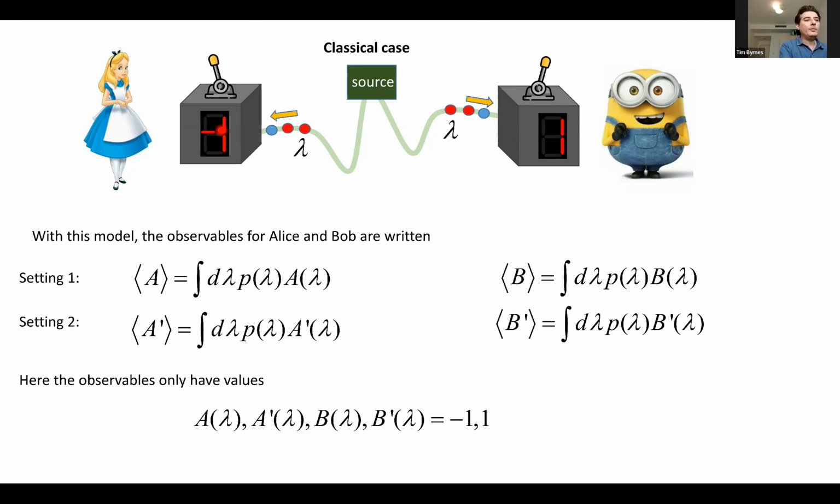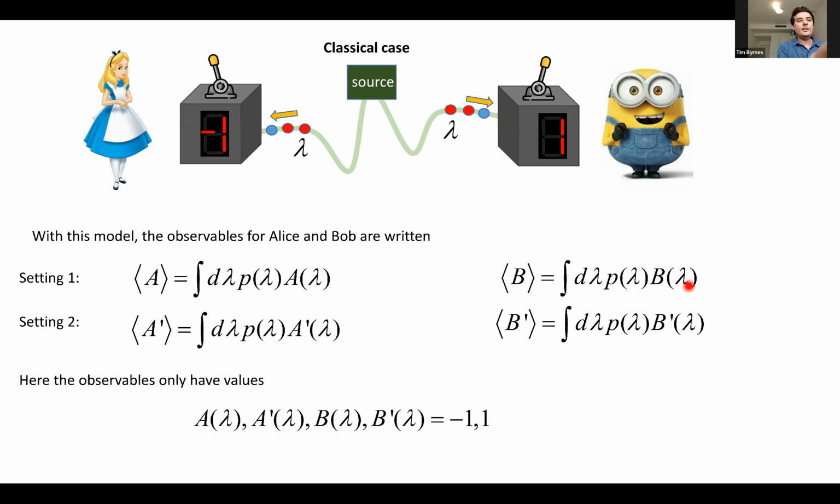For a red ball, it's going to be +1 or -1, yellow ball, green ball, and some complicated set of rules that will tell you, if it's a red, blue, green, orange ball, it's going to be +1 or -1. And so the average value of that will be, of course, just given by this.